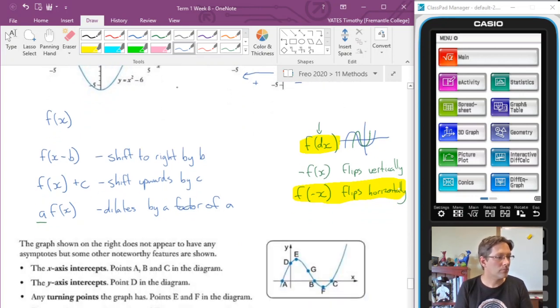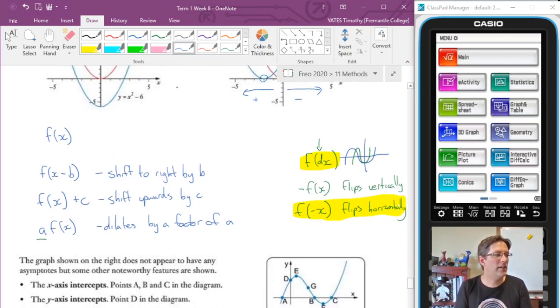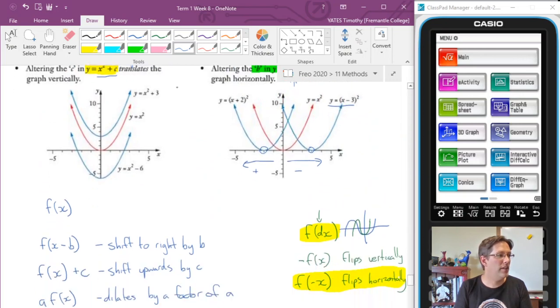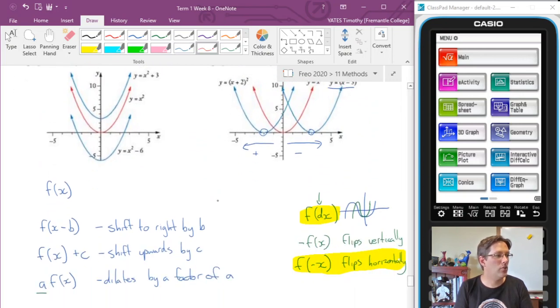So, there's some other terminology, and in fact, let's get the actual terminology. These are called translations. So the translation is when you shift it to the left or right, and this is a dilation when we basically stretch it up or down.